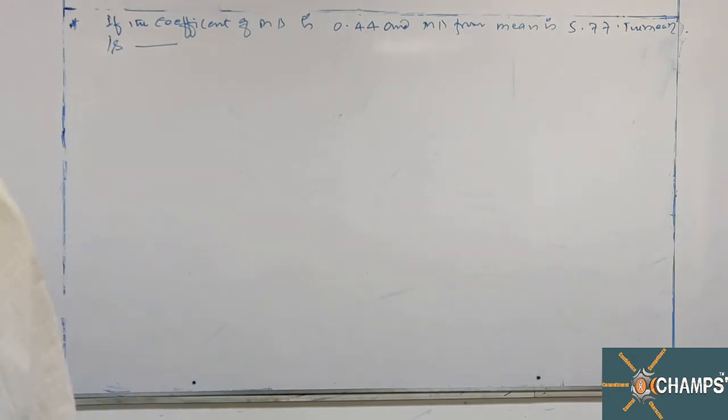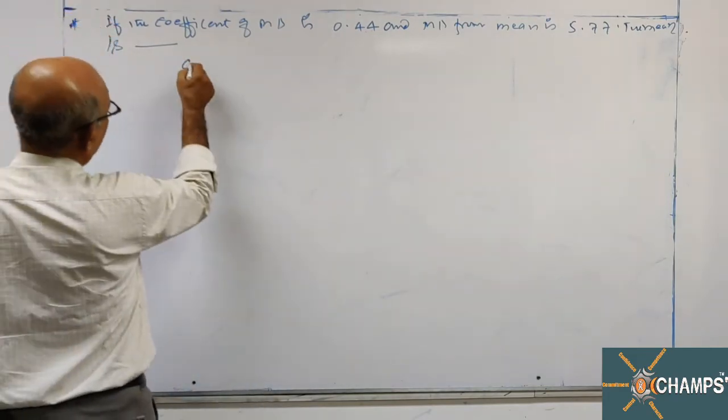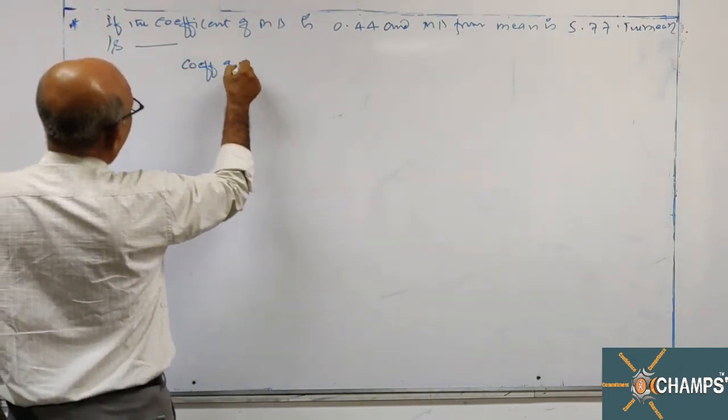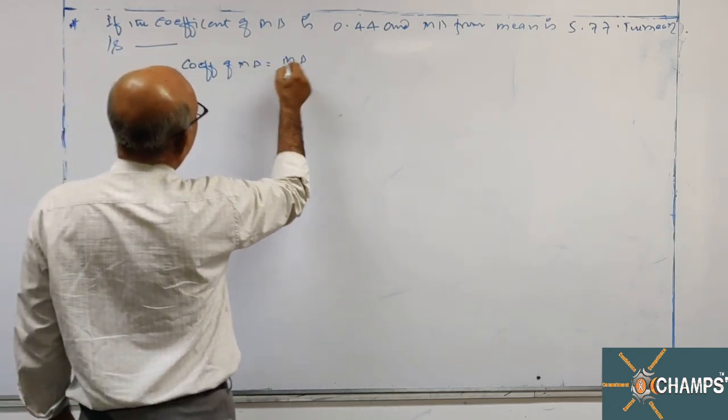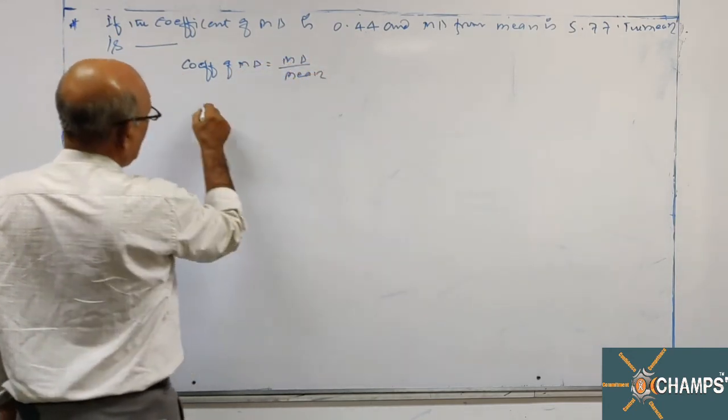Now sir, coefficient of MD is equal to MD divided by mean.